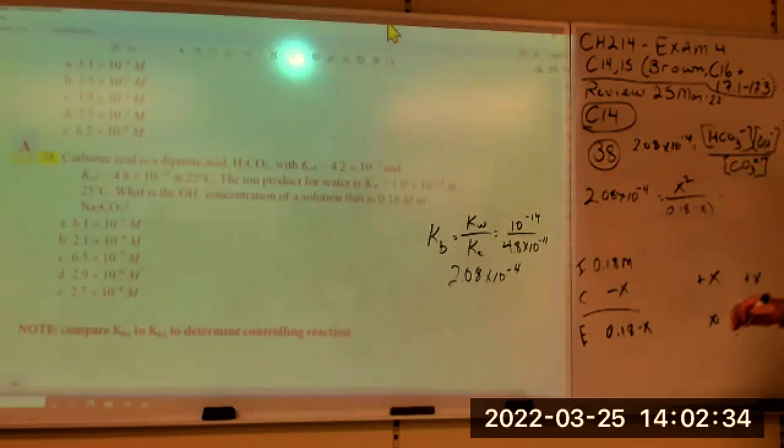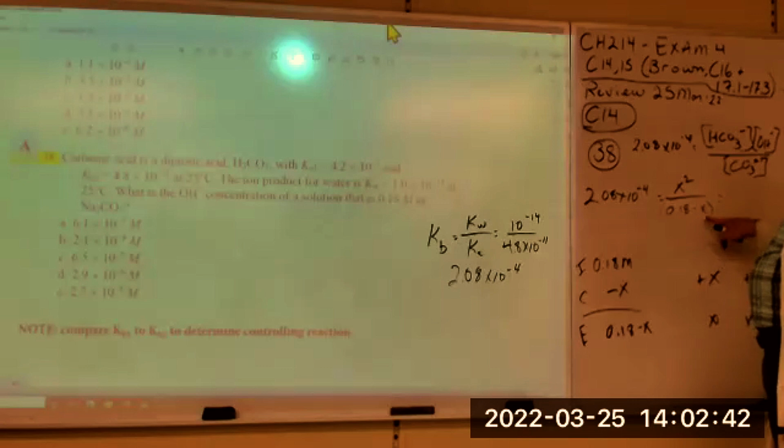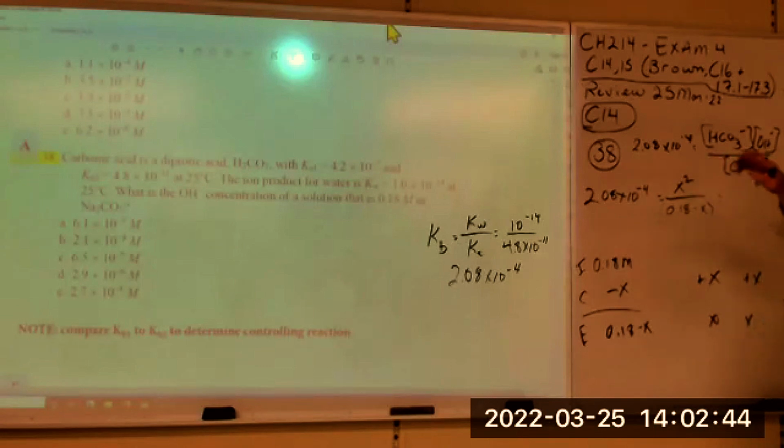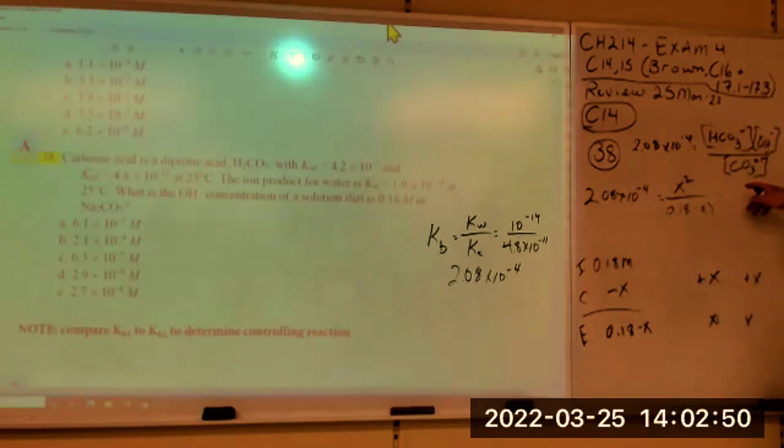Right? We don't want a quadratic. So is this X going to be small enough? Well, yes, because this is 10 to the minus 4, it's going to be like 10,000th of the change.